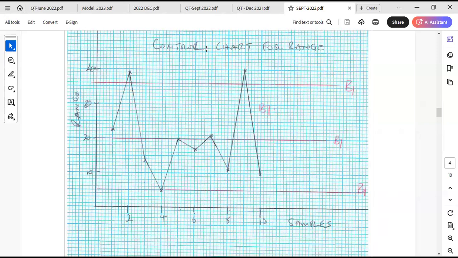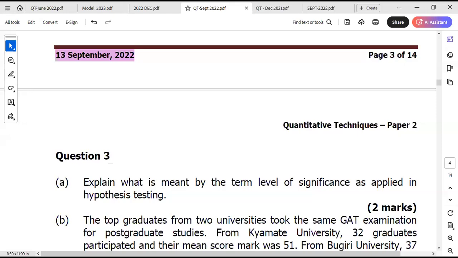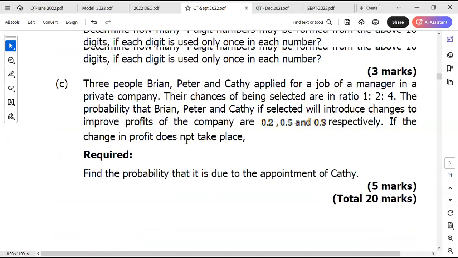Are they 5? They are 10, eh? So there are 10 samples from our question. Yeah, we have 10 samples.